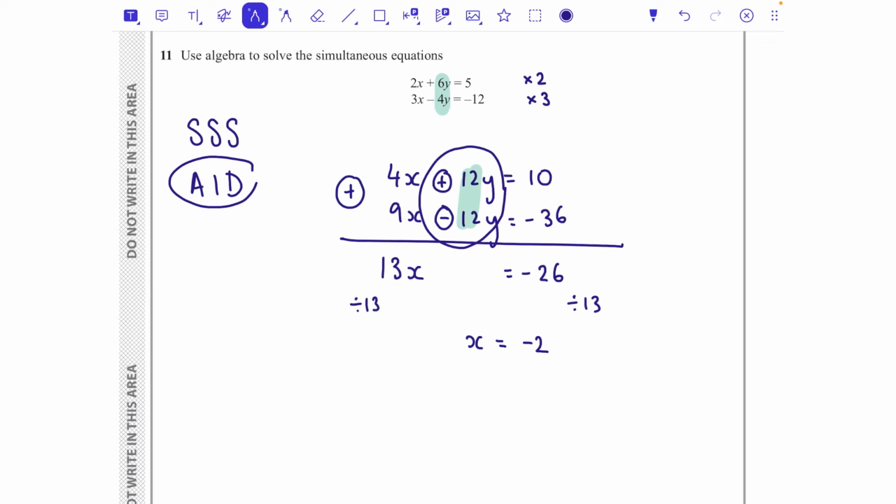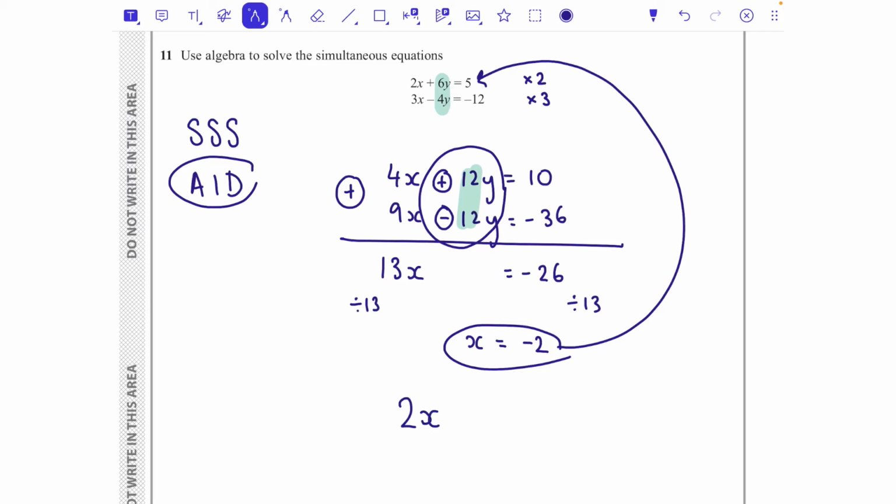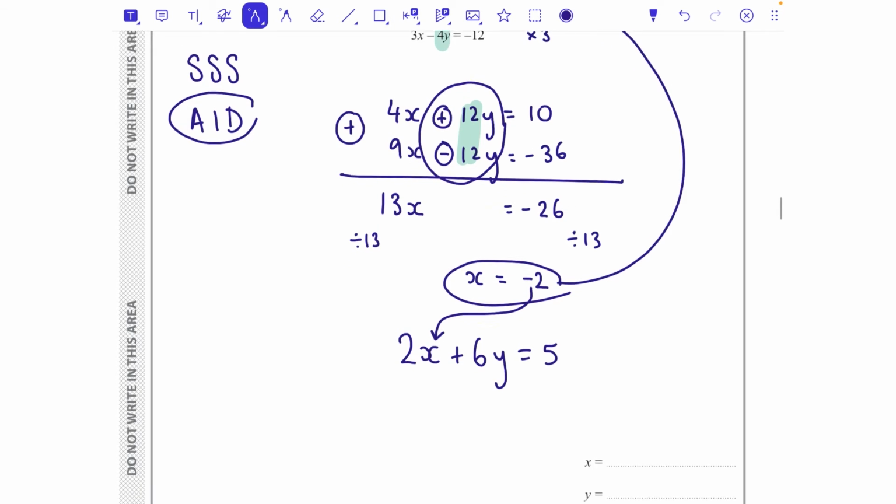Once you know that x is minus 2, you're going to take that and put it back into either of these top equations. I'm just going to use the top one. So 2x add 6y is 5, but we now know that x is minus 2.